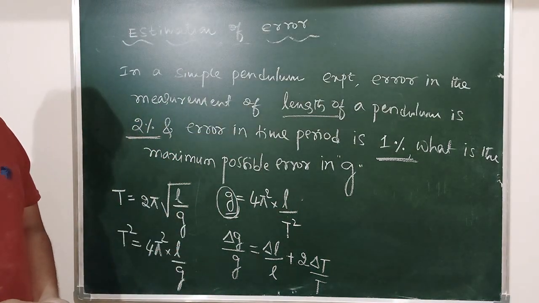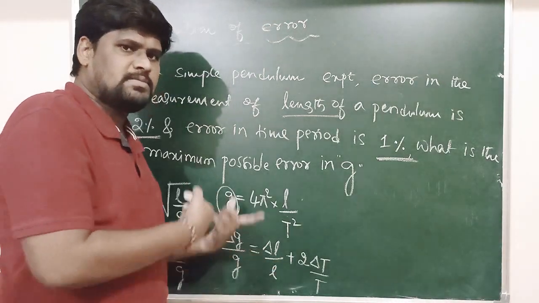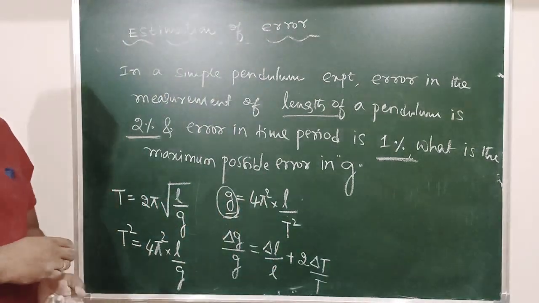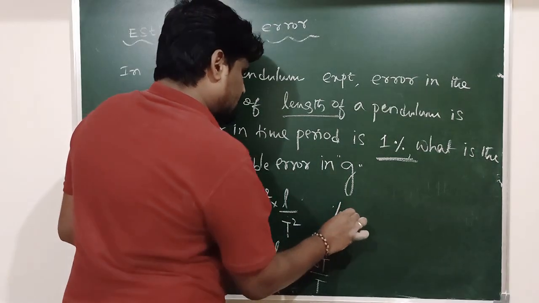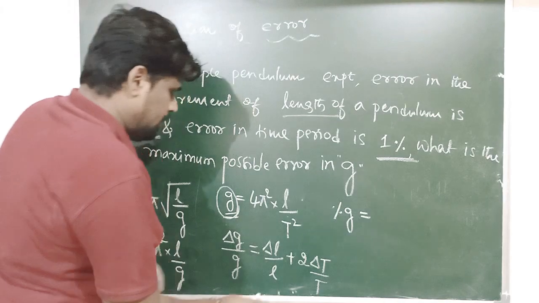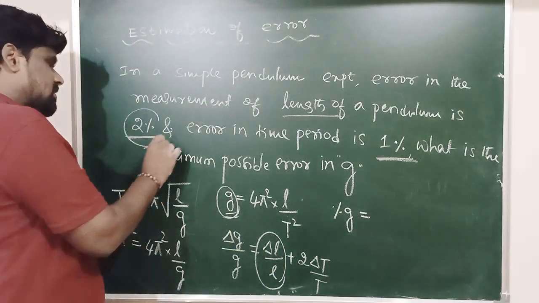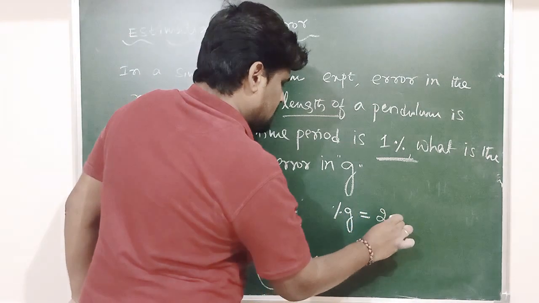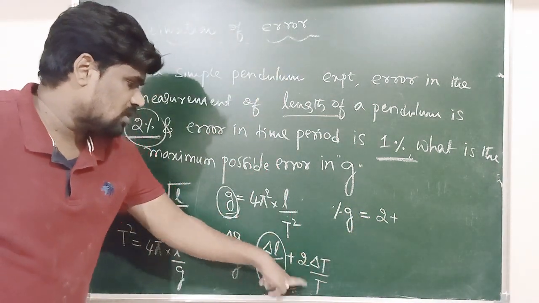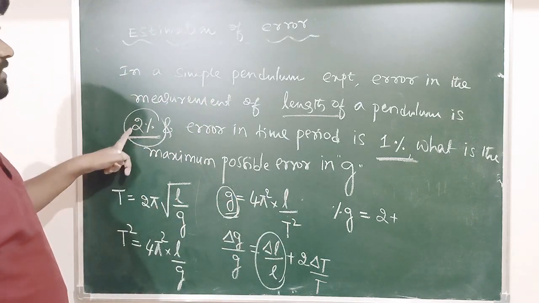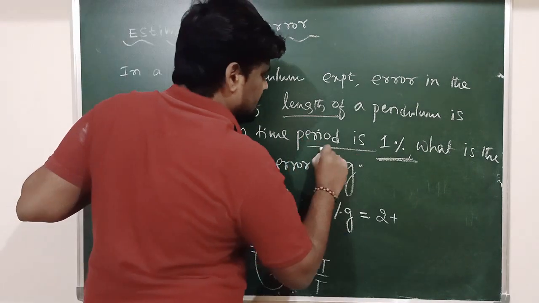Percentage of error in g is the percentage of error in L plus 2 times the percentage of error in T. Therefore, the percentage of error in g should be equal to the percentage of error in L, which is 2%, plus 2 times the percentage of error in T. How much is the percentage of error in time period?